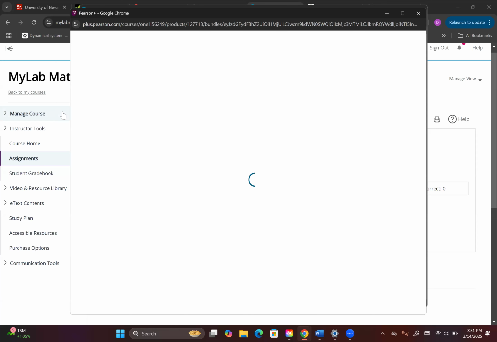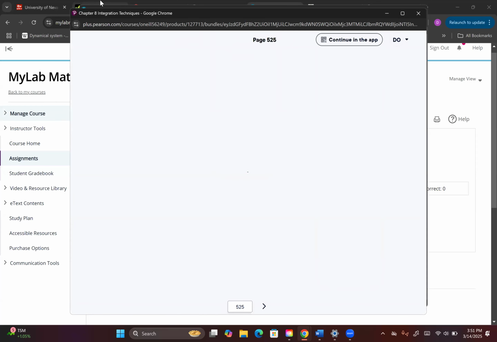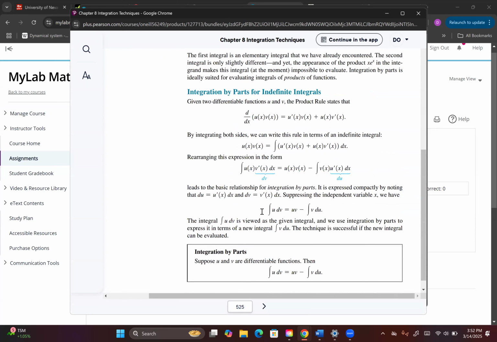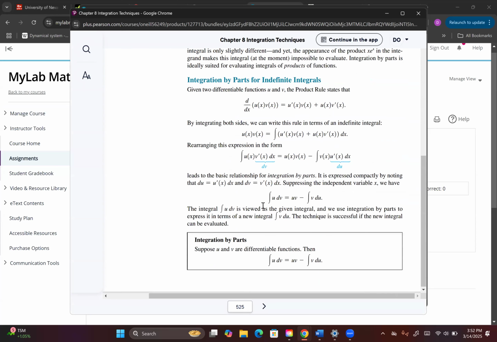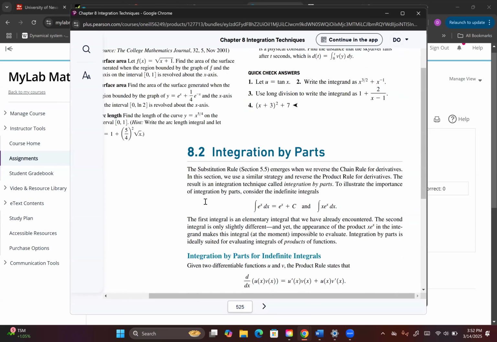I wish I was that good where I could just say, here's a formula that always works. So this is not a substitution section as I thought the first one was. This is called integration by parts. And it's probably for now going to be the hardest thing you've ever done in math. It's on page 525 in the book. This is the formula right here.